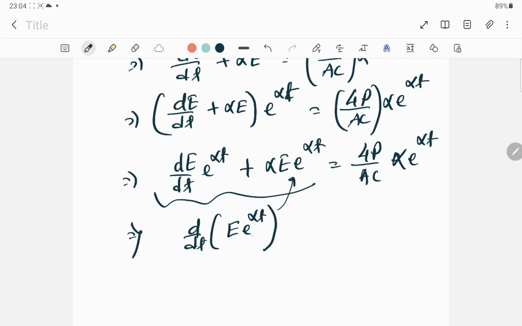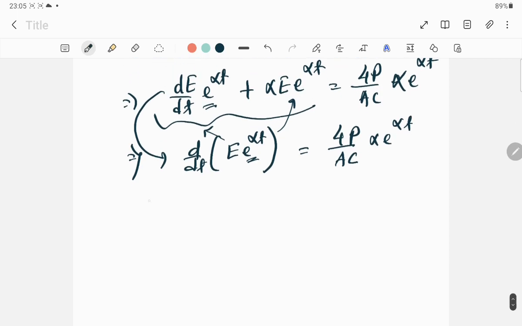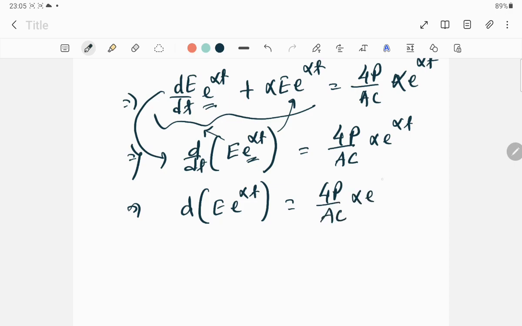Again, if you consider alpha t as a constant, alpha will come here. So now d of E e to the power alpha t equals 4P/AC alpha e to the power alpha t dt.